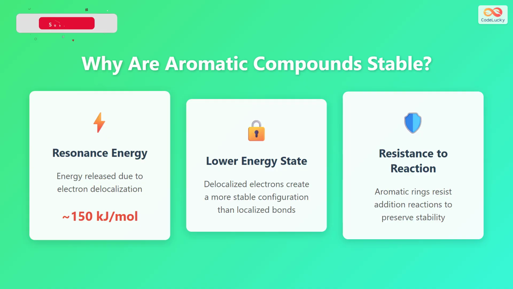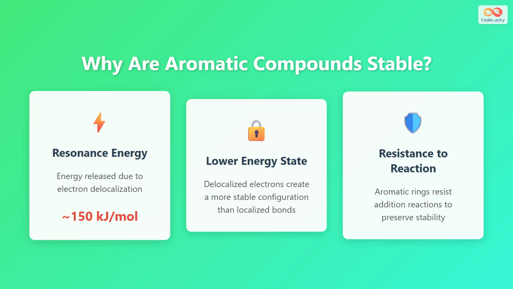Aromatic compounds are remarkably stable due to 3 interconnected factors. First is resonance energy, which is the energy released when electrons delocalize across the ring. For benzene, this resonance stabilization energy is approximately 150 kilojoules per mole. Second, the delocalized electrons create a lower energy state compared to localized bonds, making the molecule more thermodynamically stable.